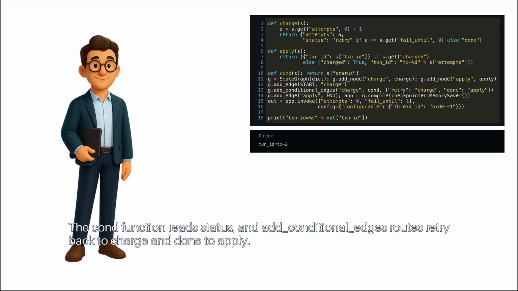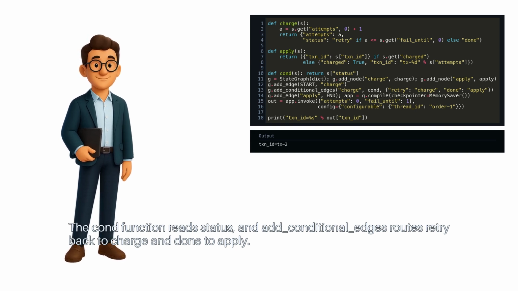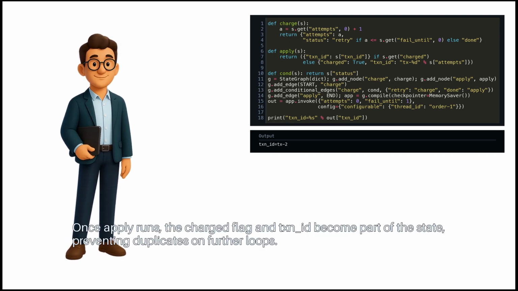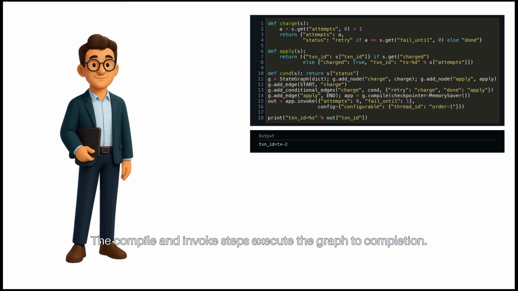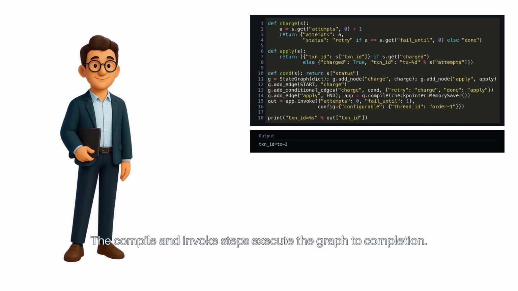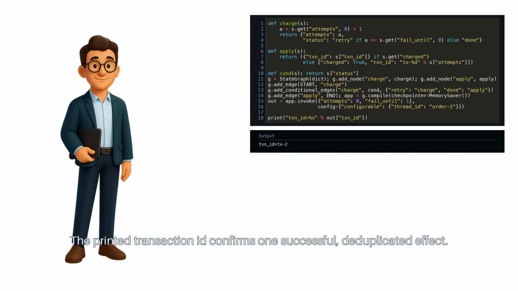The cond function reads status, and add_conditional_edges routes retry back to charge and done to apply. Once apply runs, the charged flag and txn_id become part of the state, preventing duplicates on further loops. The compile and invoke steps execute the graph to completion. The printed transaction ID confirms one successful, deduplicated effect.